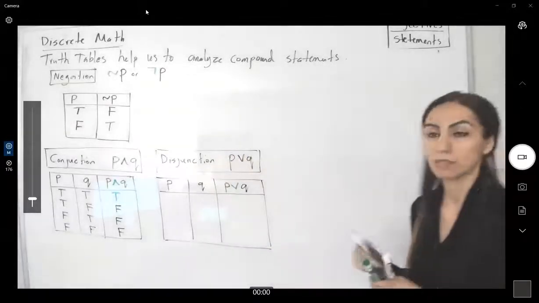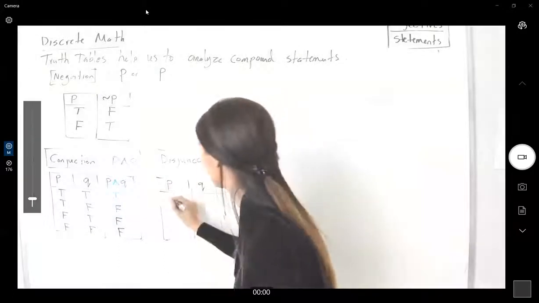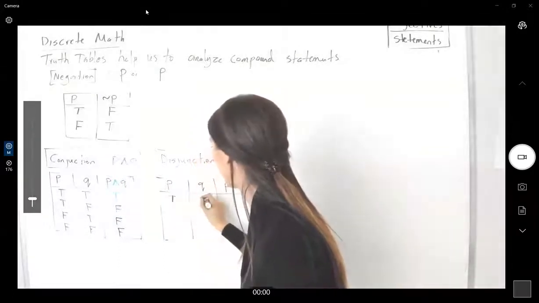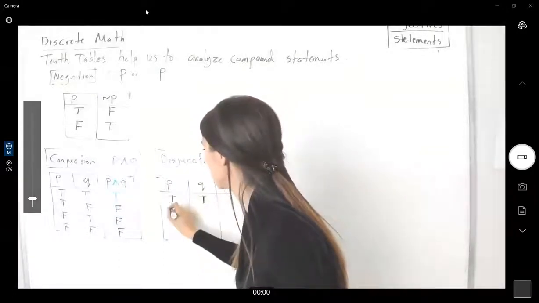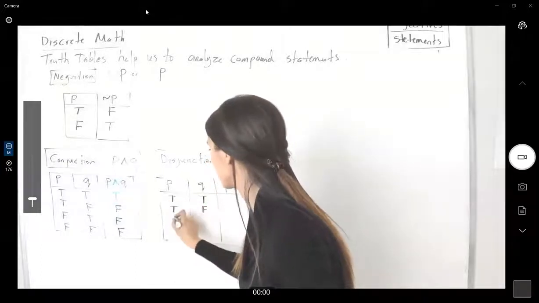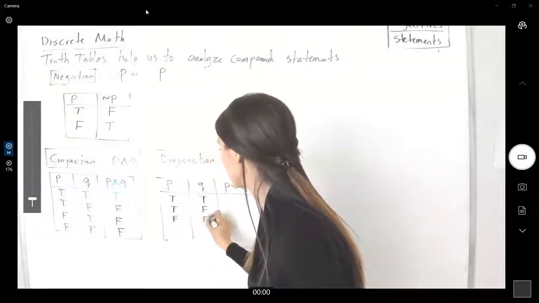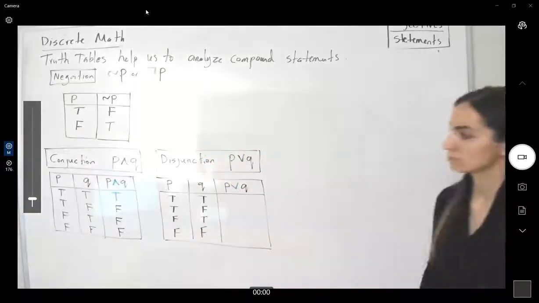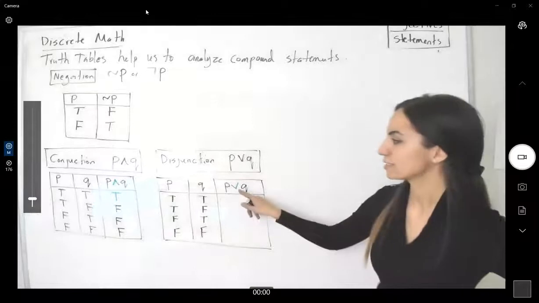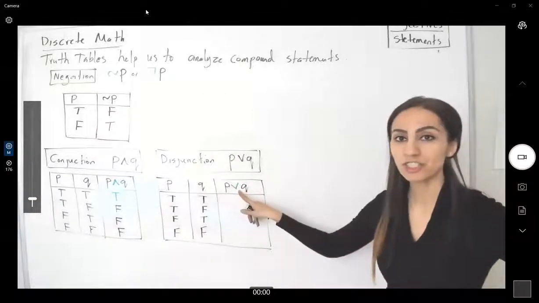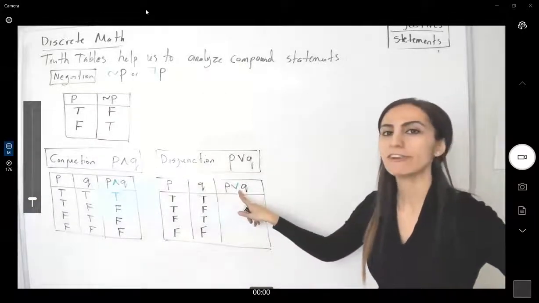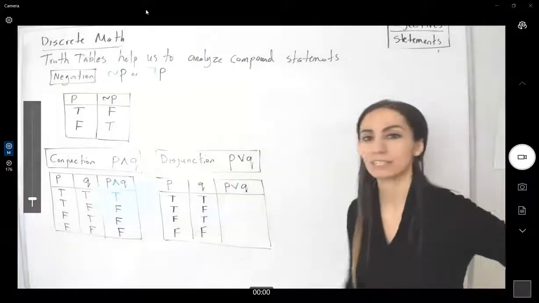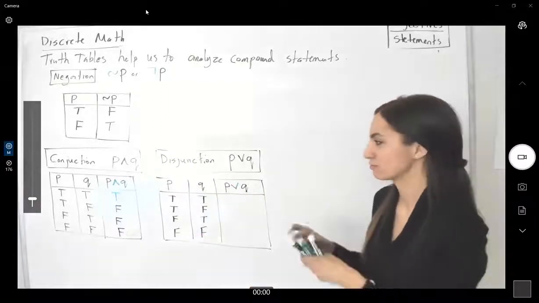Okay, P true, Q true. You consider all possible combinations. P true, Q false. P false, Q true. P false, Q false. It happens that disjunction is false if and only if both of the statements are false.